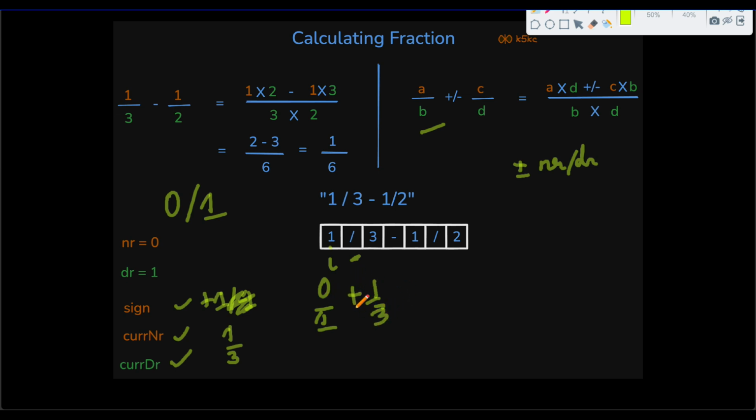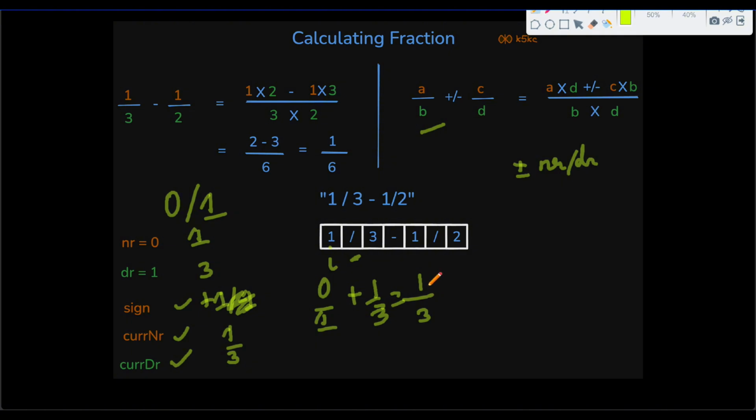So we will do 0 by 1 plus 1 by 3 and that will give us 3 into 0 plus 1 into 1, that is 1 in numerator, divided by 1 into 3, that is 3 in denominator. So now our numerator will become 1 and our denominator will become 3. For 1 by 3, we didn't require any simplification, but if needed, we can divide both numerator and denominator by greatest common divisor to simplify the fraction further.